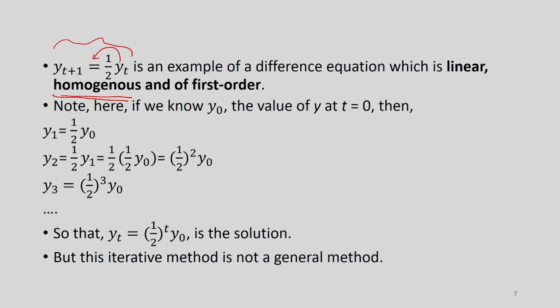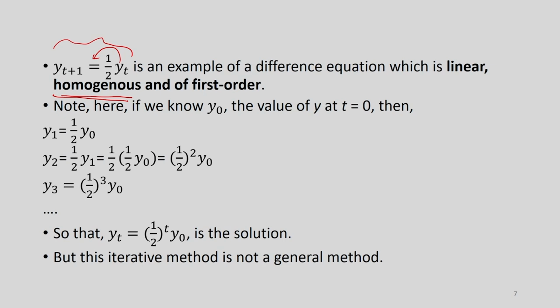So, there is no constant term on the right hand side, and that allows us to conclude that this is a homogeneous difference equation. The other two criteria, that is linear and first order, those two criteria are being maintained like in the previous example.